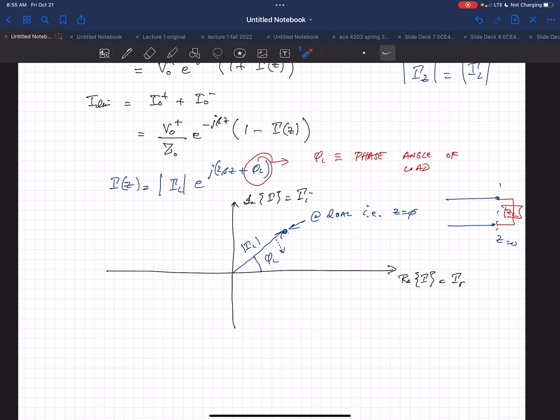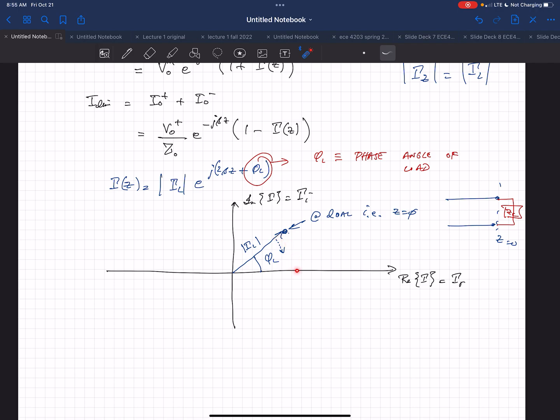We've made z equal to 0 at the load. That's what we just called it in a frame of reference. And as we walk away, the z I'm plugging in here is a negative number. So as that negative number multiplies by beta and adds this phi sub L, this is going to change in a clockwise direction. This is going to shrink as I'm walking away from the load.